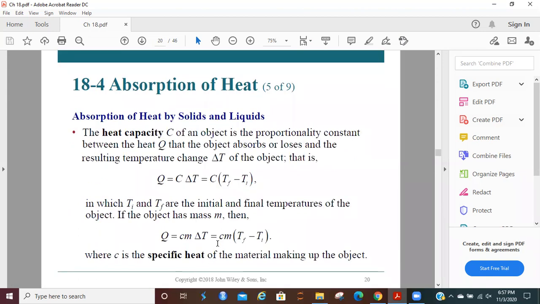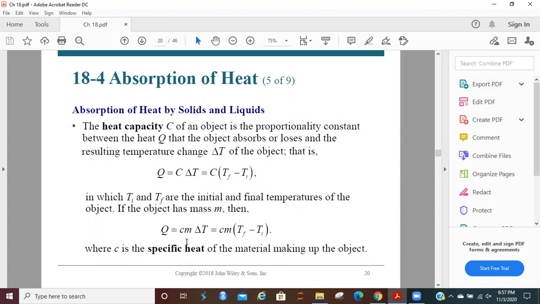So if we go here, our change in temperature for material A is going to end up being 3 degrees. So if you take whatever that amount of Q is, M, we're just going to pretend is going to be 1. This is going to be 3. So we're going to have Q divided by 3.